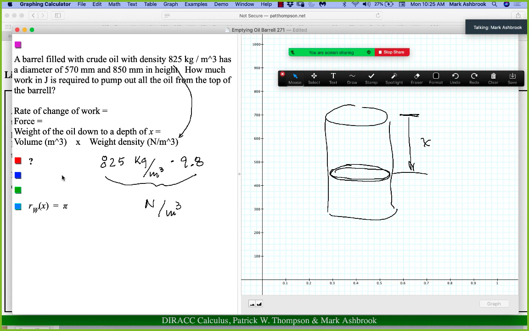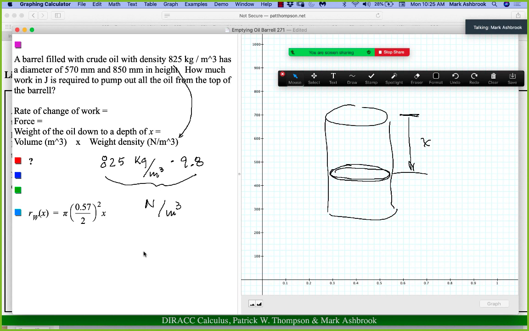The radius is going to be half of 0.57. So 570 millimeters is 0.57 meters divided by 2. So pi r squared times the height. What's the height? 0.85. X, right? That's x.